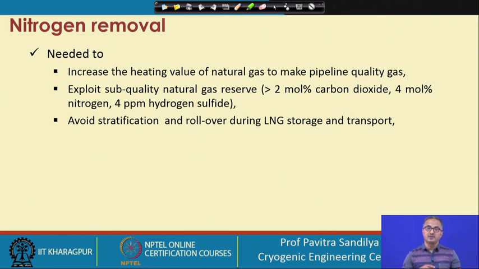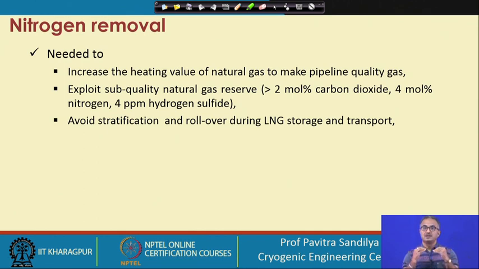So, this kind of temperature gradient in the system causes a difference in the densities, and this causes some kind of stratification of these various density layers, and there is a rollover phenomenon that occurs.